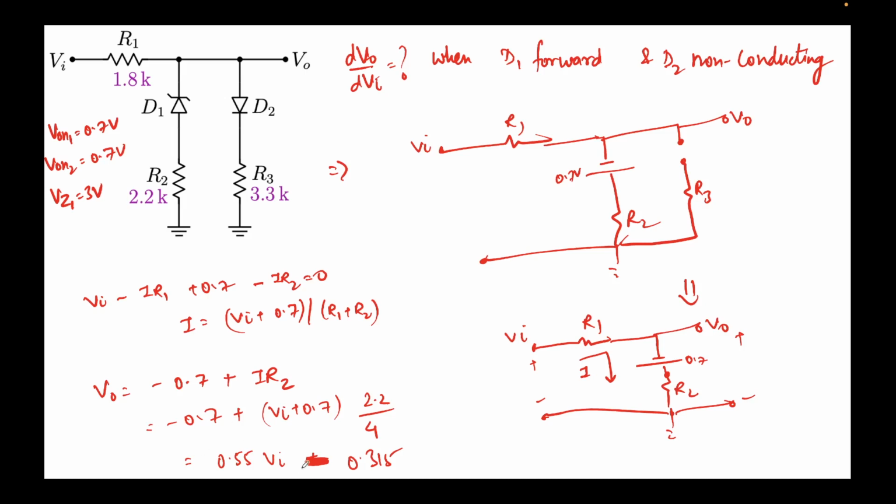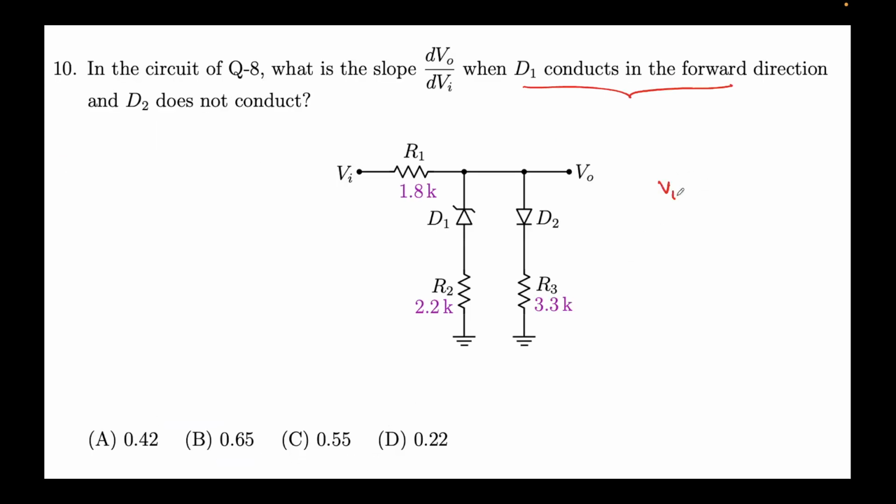So we obtained V0 equal to 0.55 VI minus 0.315. This slope is 0.55, which will give us the option C as the answer, right? Again, very simple straightforward problem.